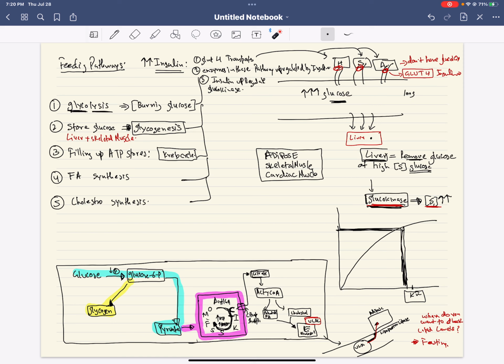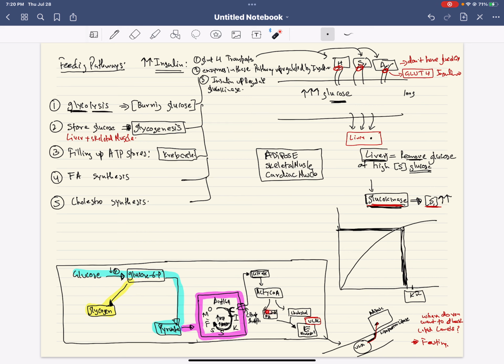It's going to slow this TCA cycle, because your ATP and NADH accumulate in higher amounts. Then this will start shifting the citrate into the cytoplasm through the citrate shuttle. Now the citrate is converted back to acetyl-CoA, and acetyl-CoA is used to make fatty acids, which is palmitate, and it's also used to make cholesterol.